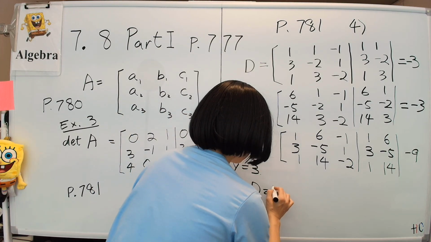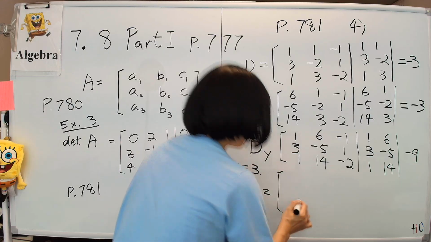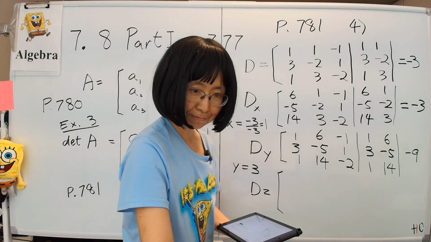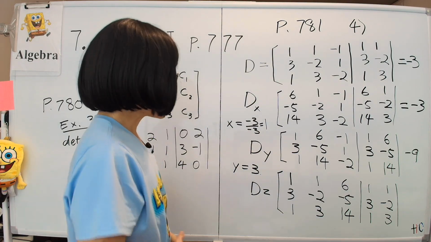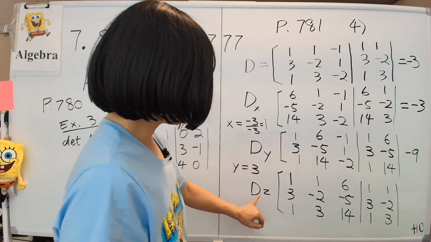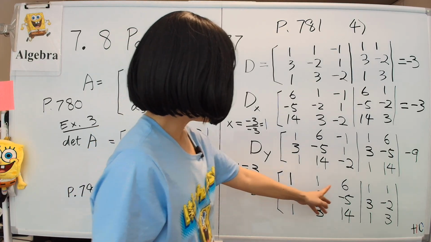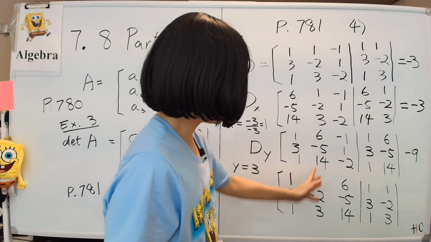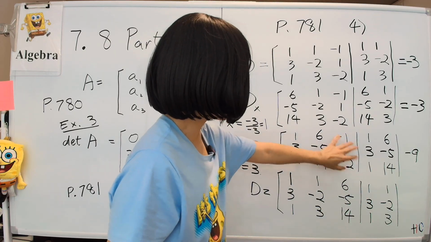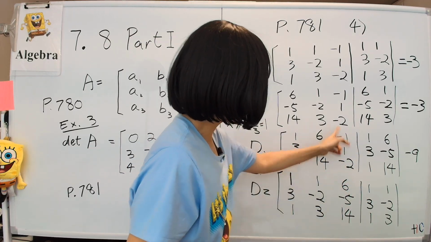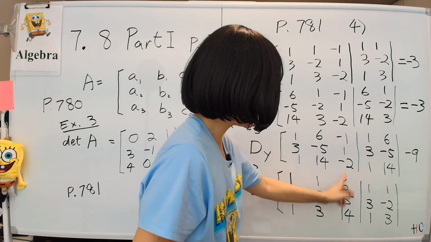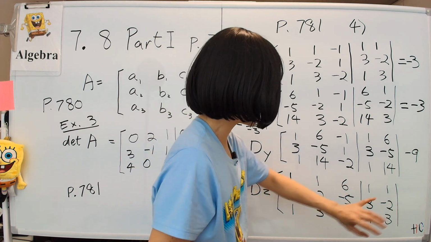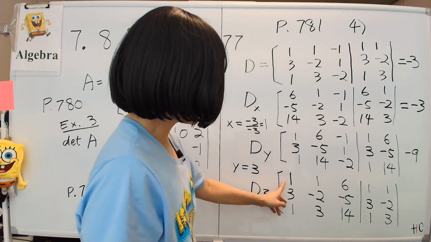Okay? So again, let me copy this whole thing down. This time, we're doing the same thing, but we're doing dz. And so the 6, minus 5, 14 now slaps over the last column, the z position, because we're calculating dz. Everything else stays the same.